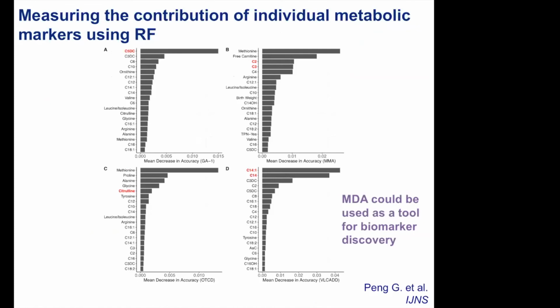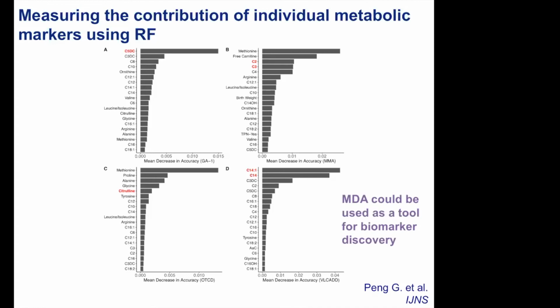Random forest is a bit of a black box. However, there are ways to measure the contribution of individual metabolic markers or analytes made by RF in the predictions. Here we used the mean decrease in accuracy, MDA, to rank the relative importance of individual mass spectrometry analytes and clinical variables for metabolic pattern recognition in our RF model.